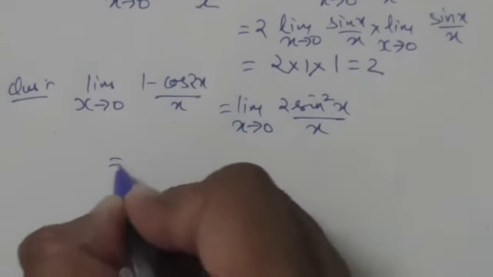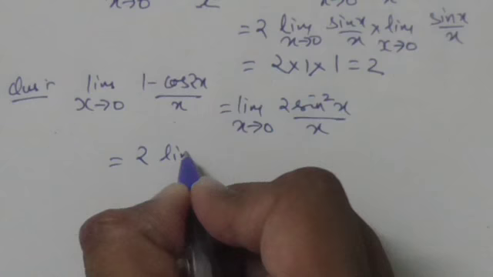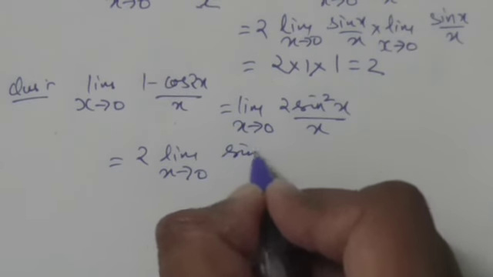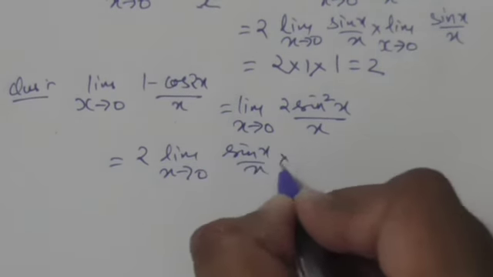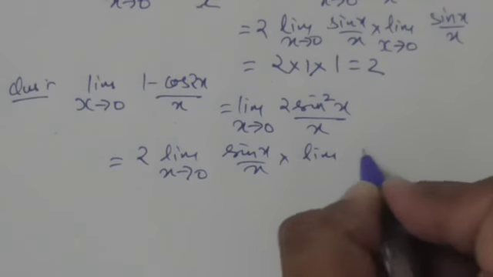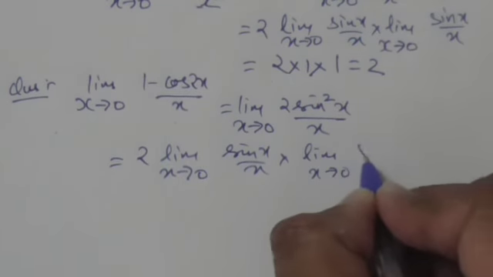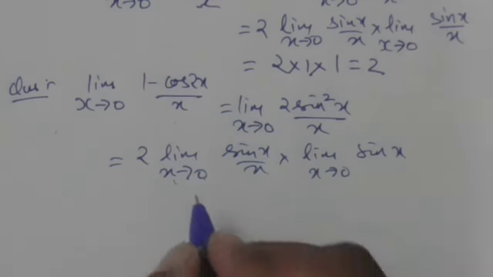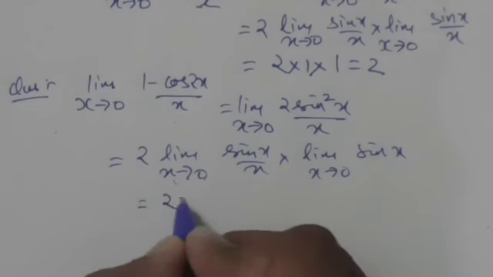So it will be equal to twice limit x tends to 0 sin x upon x into limit x tends to 0 sin x. So limit x tends to 0 sin x upon x will be equal to 1.